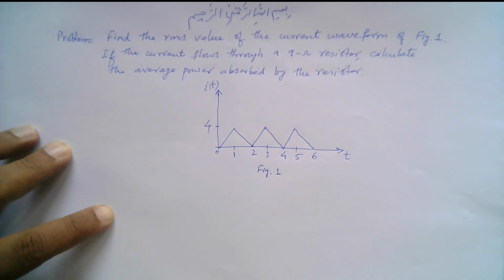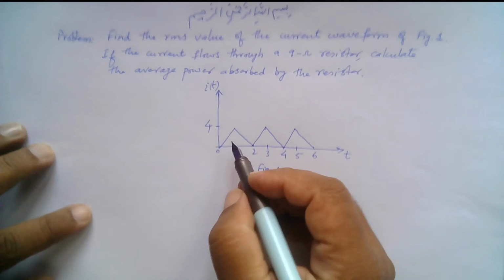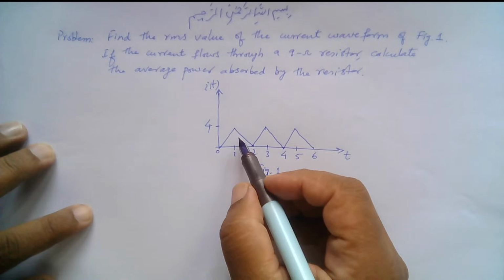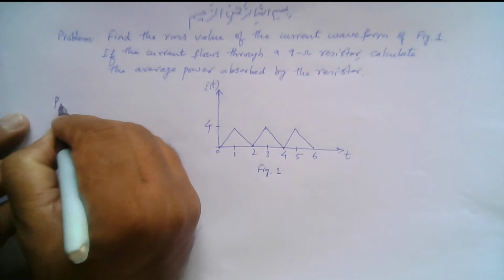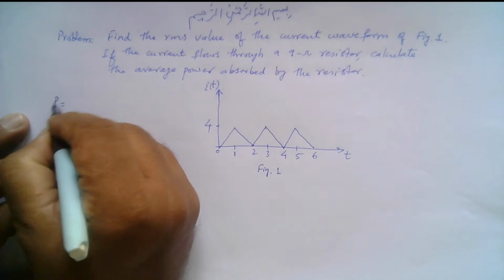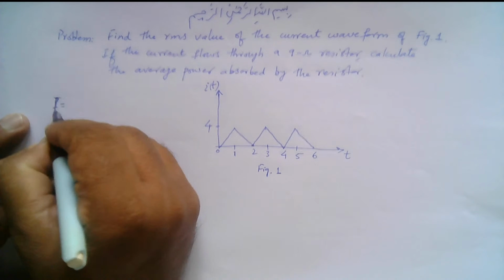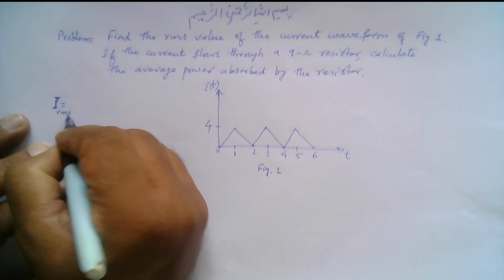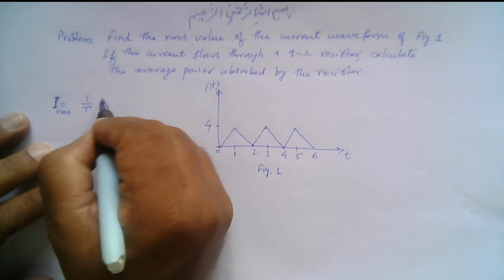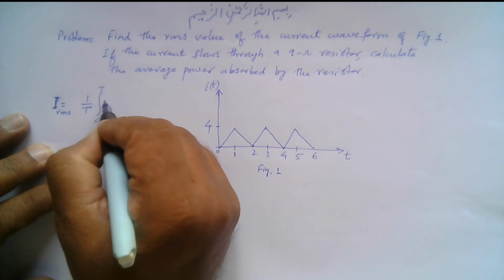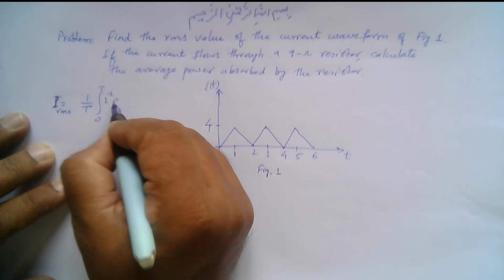So this is the wave shape given here. This is not sinusoidal, so we cannot use Im over root 2. We need to use this formula here. P is equal to I RMS square R. We need to first find the RMS value of the current. I RMS is equal to the square root of 1 over T, integral from 0 to T, of I square dt.